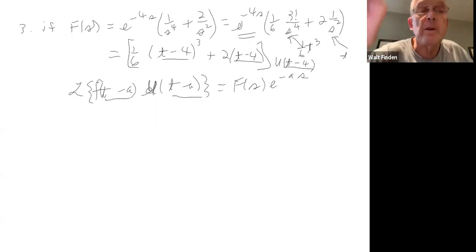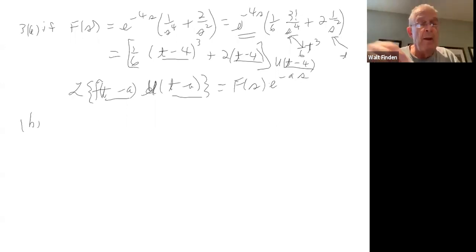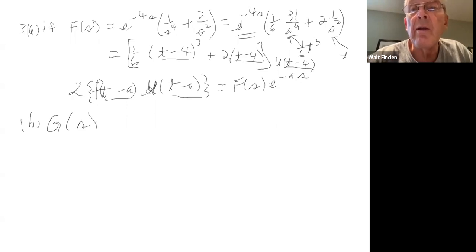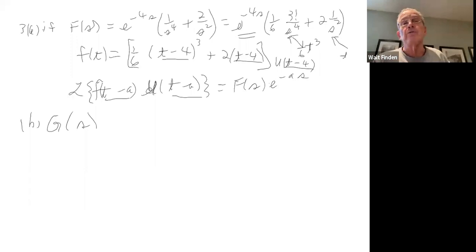B part, so that was A part, by the way. B part has G of s. And by the way, up here this is f of t, then the inverse Laplace transform gives capital F of s.